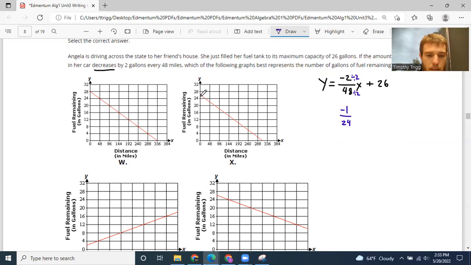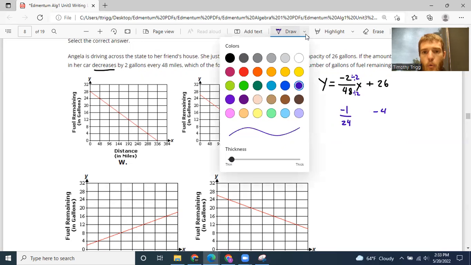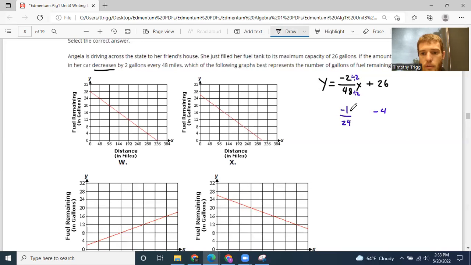This is a little bit tricky because here it's counting by 4s. So what if I go down 4? Here I'd have to multiply by 4, and multiply this by 4, giving us -4 over 96. So if we go down 4, we should go over 96.